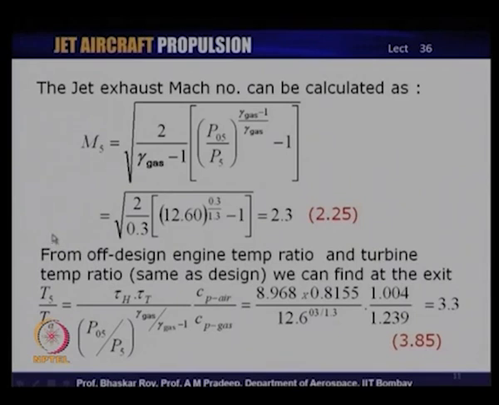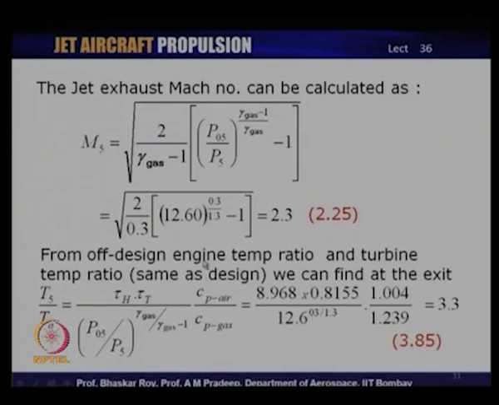What we can do now is find the off design engine temperature ratio and the turbine temperature ratio. We are saying that the turbine temperature ratio holds the same as the design, because it is still working under choking condition, and hence its temperature ratio and pressure ratio would hold.